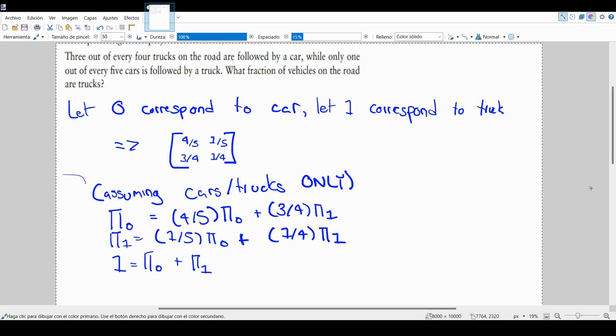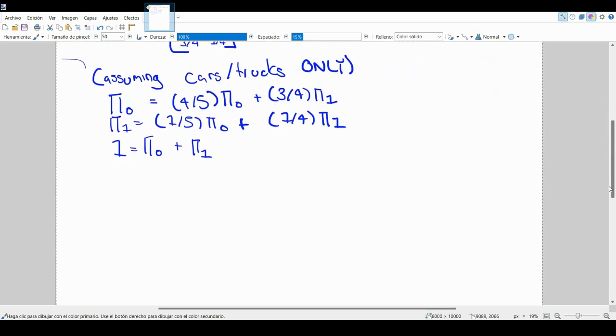Now we have a system of equations with 2 unknown variables. We will first note that this equation here implies that pi 0 equals 1 minus pi 1, and then we can plug that value here, and we are going to get the proportions.